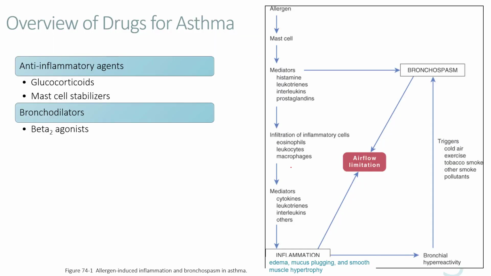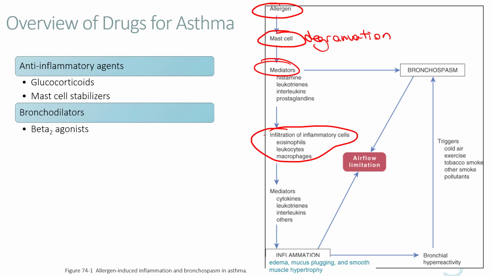So again, this is the same information, it just looks very different. But again, what you see here is an allergen triggers mast cell degranulation. And with mast cell degranulation, you've got the release of mediators, which attract inflammatory cells to enter in, and also cause inflammation.